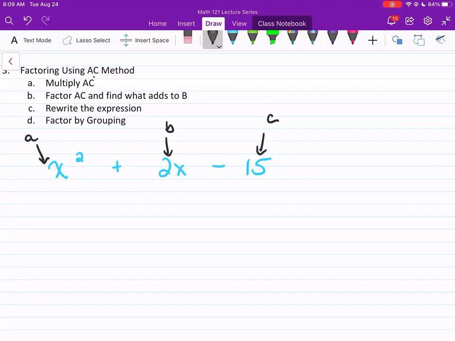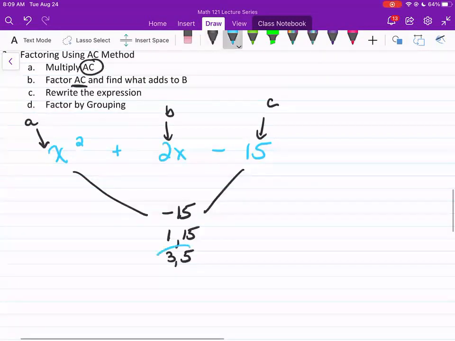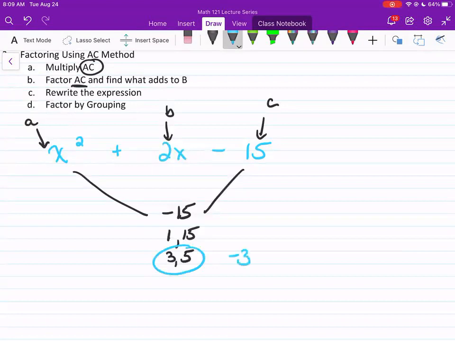And so you're going to first of all multiply A times C, which is going to give us negative 15. And then our goal is to factor what we just multiplied and find what adds up to B. So if I list the factors of 15, they are 1 and 15 and 3 and 5. I can combine 3 and 5 as negative 3 plus 5 to get that B term.